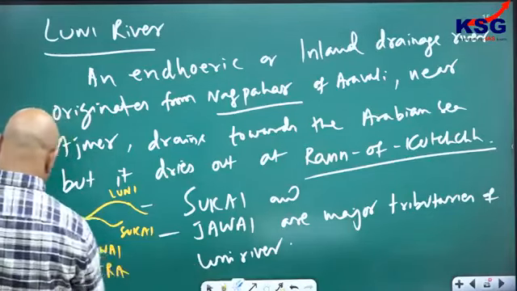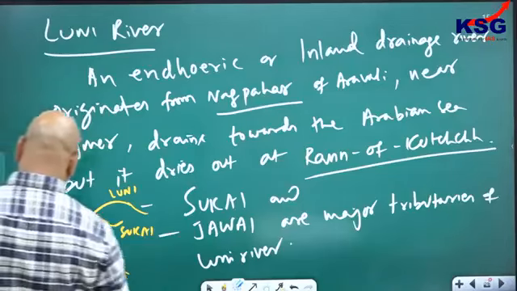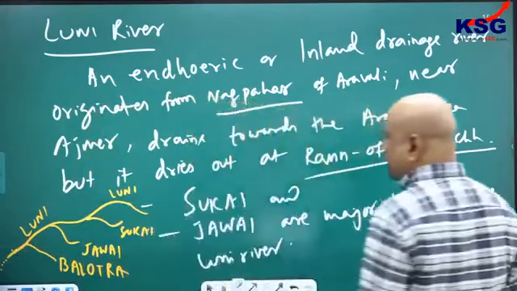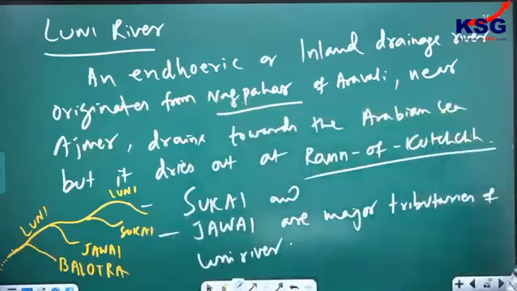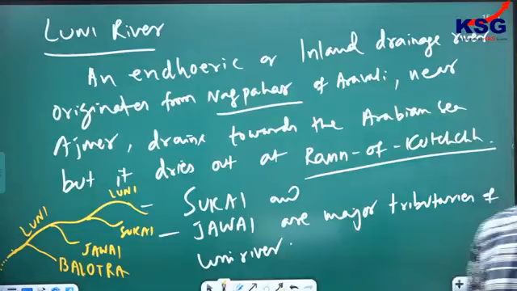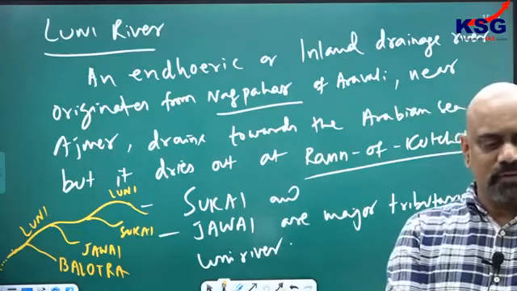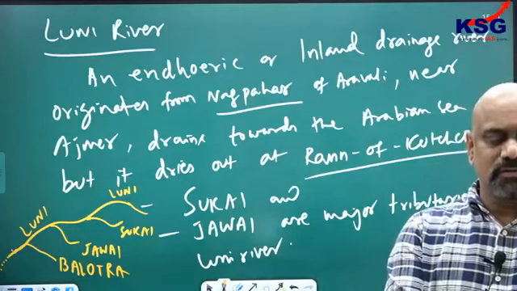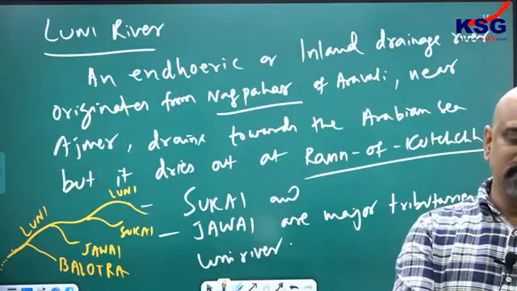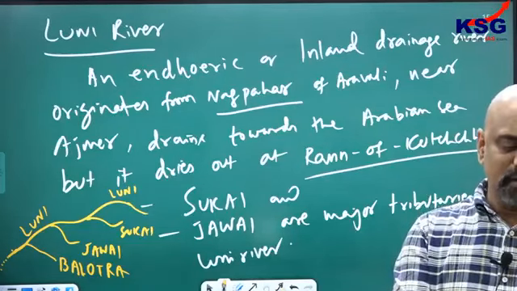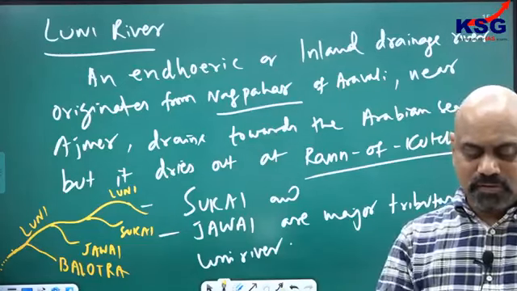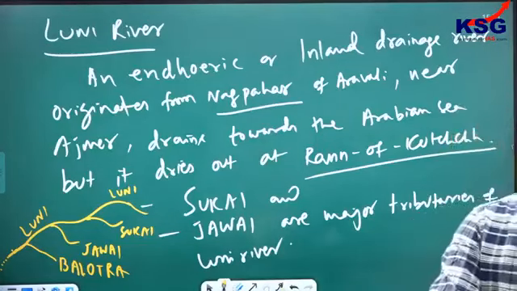It dries out before that. Luni, Sukri, Jawai, it dries out subsequently, because of high porosity and permeability, I said. Why is Luni called a saltwater river?